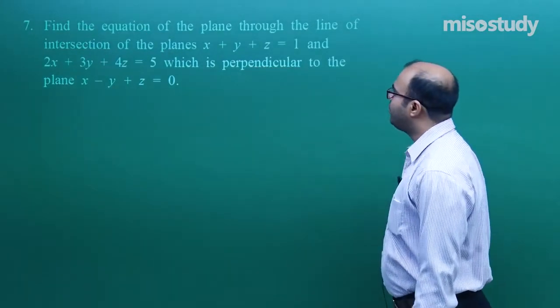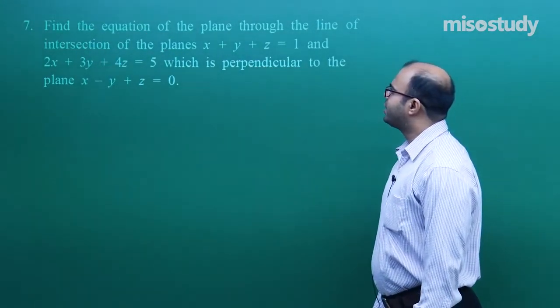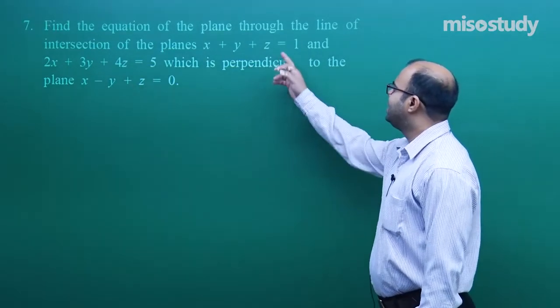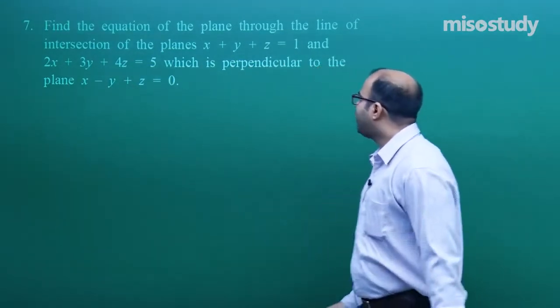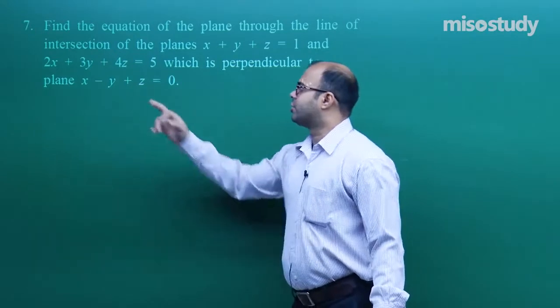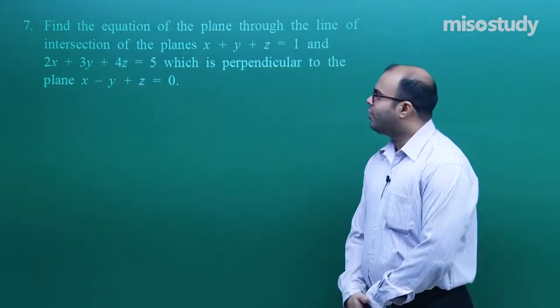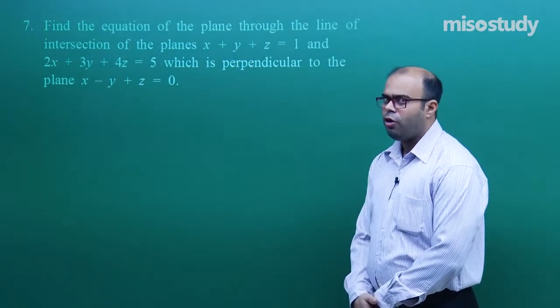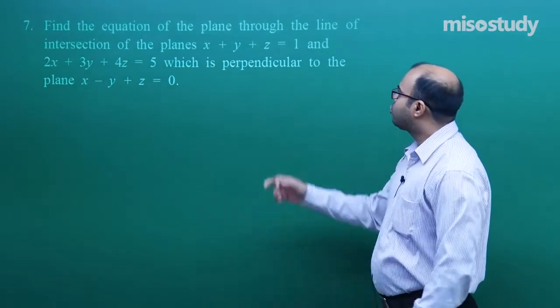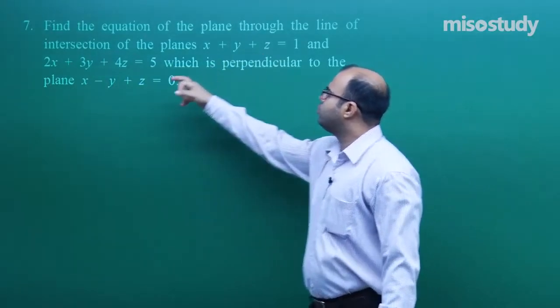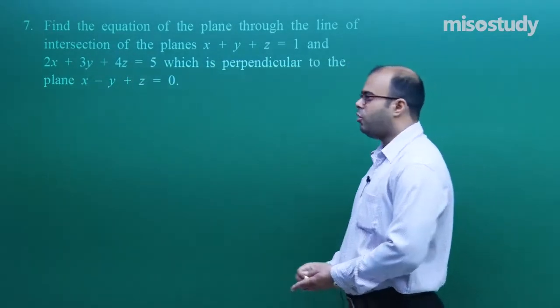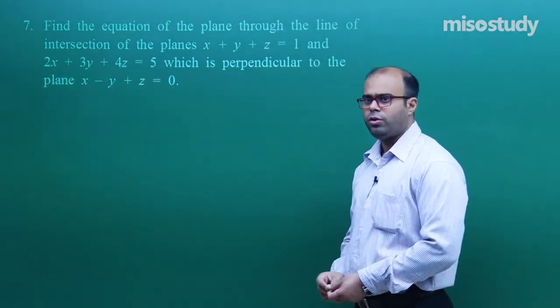Find the equation of the plane through the line of intersection of the planes this and this, which is perpendicular to the plane this. Okay. So first we can write the family of planes which may pass through the intersection of these two planes. So what is the family of planes? Pi 1 plus lambda pi 2 equal to 0.